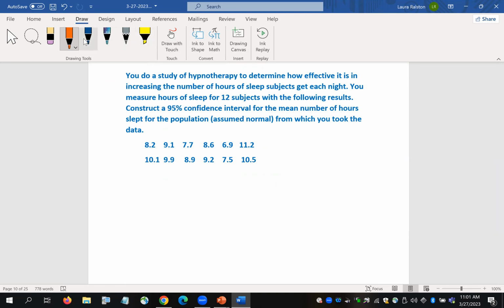Okay. So a couple of things here. I see the word mean. I also notice that there is no mention of the population standard deviation.